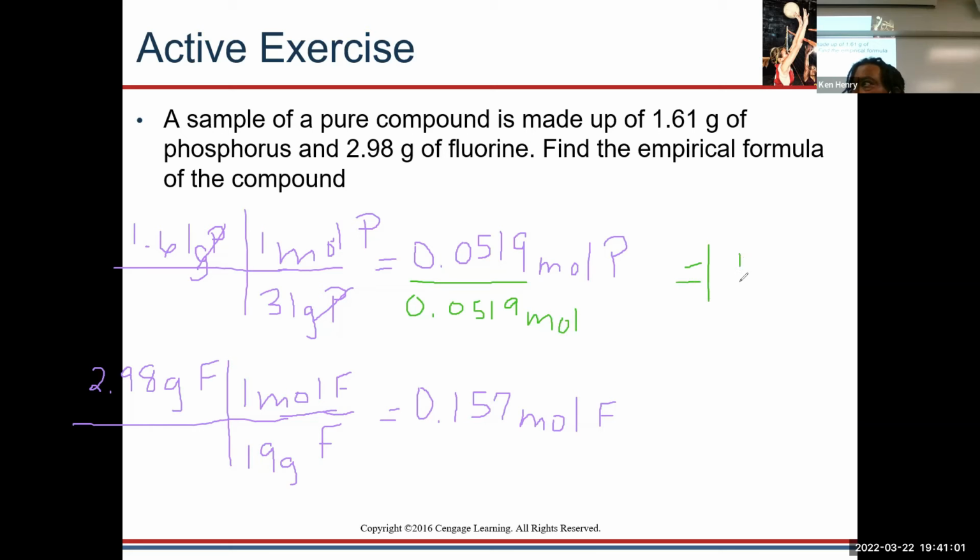So we have 1 phosphorus. And then we divide this one by that same number, 0.0519.